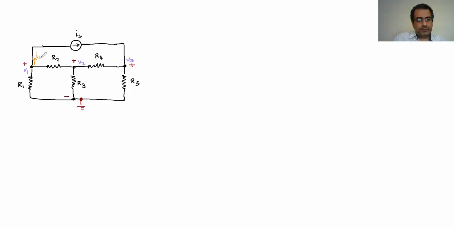Then I have this one, I12, and then this one which goes from 1 to 4. Assume the node down here is the fourth one. Same for the middle one here. All the currents are assumed to be leaving.